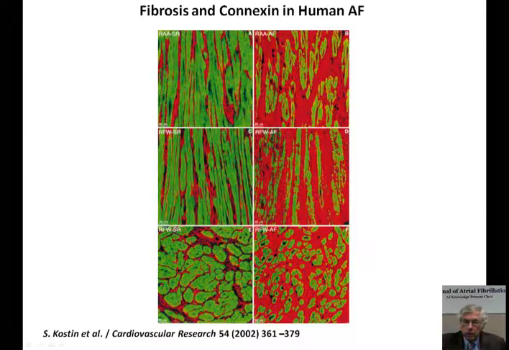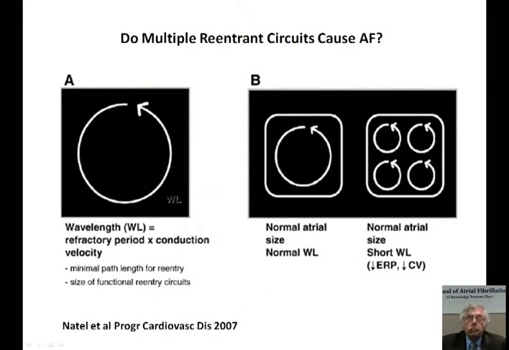The primary mechanism for atrial fibrillation involves reentrant excitation, where a wavefront moves around and around in circles, and the ability of the wavefront to move around in circles is dependent on the wavelength. And the wavelength is a product of the refractory period and the conduction velocity. So anything that decreases either refractory period or conduction velocity facilitates reentrant excitation.